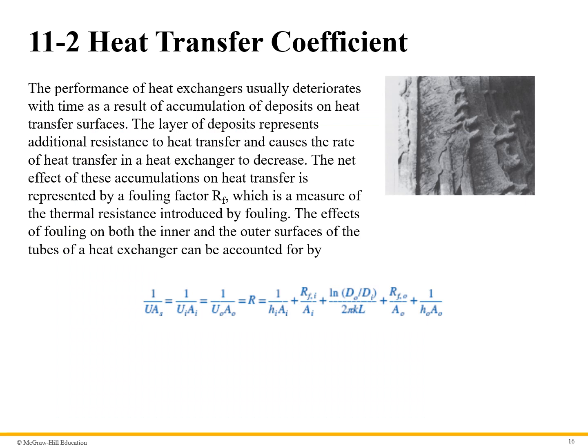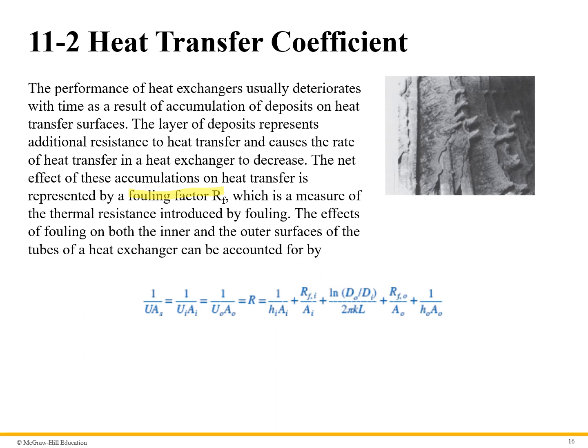The performance of heat exchangers usually deteriorates with time as a result of accumulation of deposits on heat transfer surfaces. This is what's known as fouling. The net effect of these accumulations on heat transfer is represented by the fouling factor, Rf.